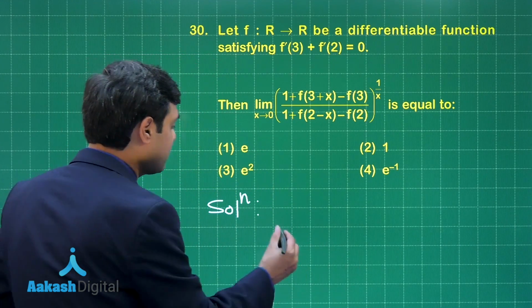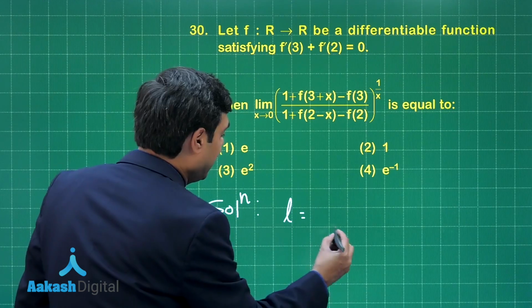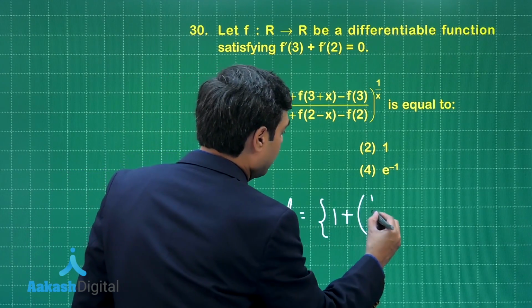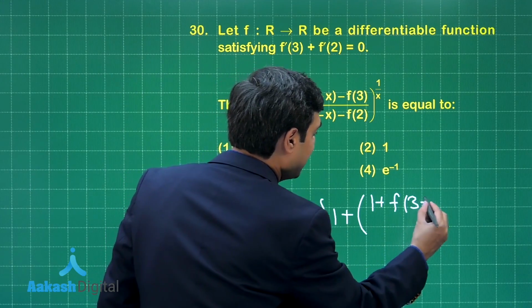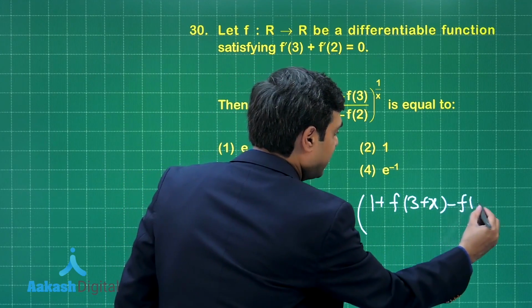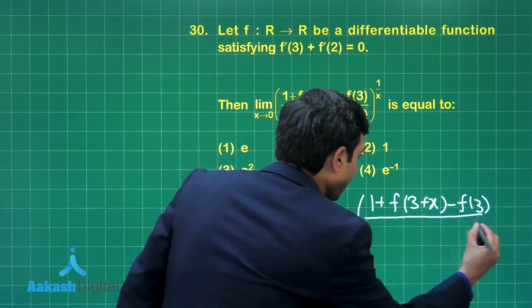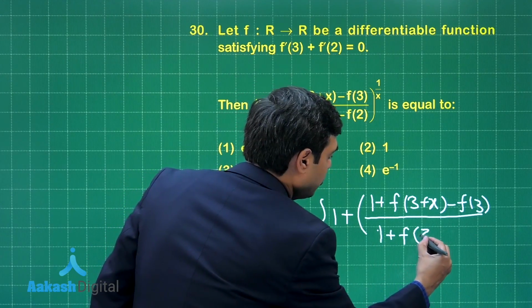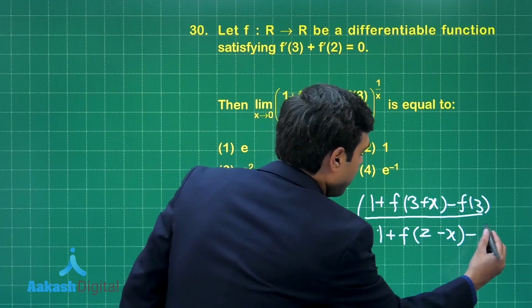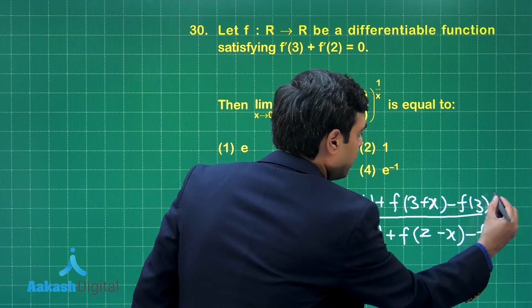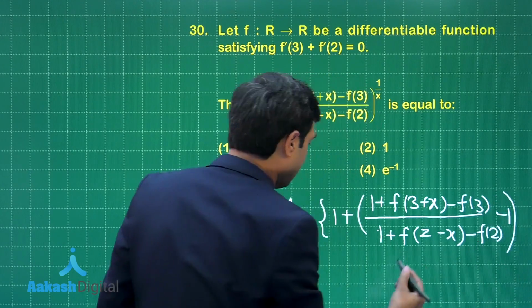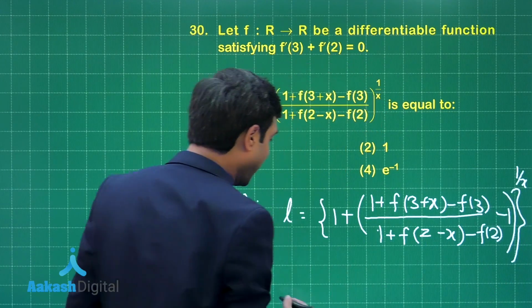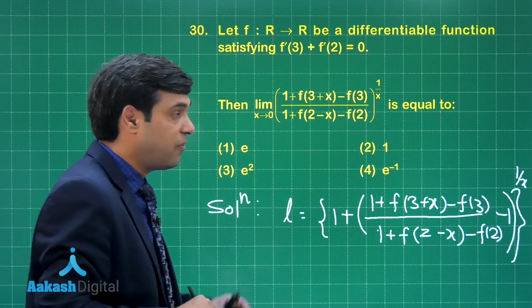So we can write this one as limiting value equals 1 plus this entire thing, (1 plus f(3 plus x) minus f(3)) divided by (1 plus f(2 minus x) minus f(2)) minus 1, now whole raised to the power 1 by x, so that we can write it as e raised to the power term.